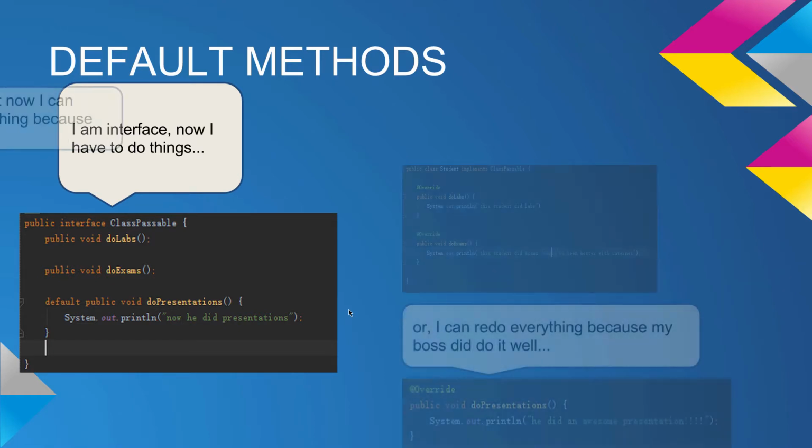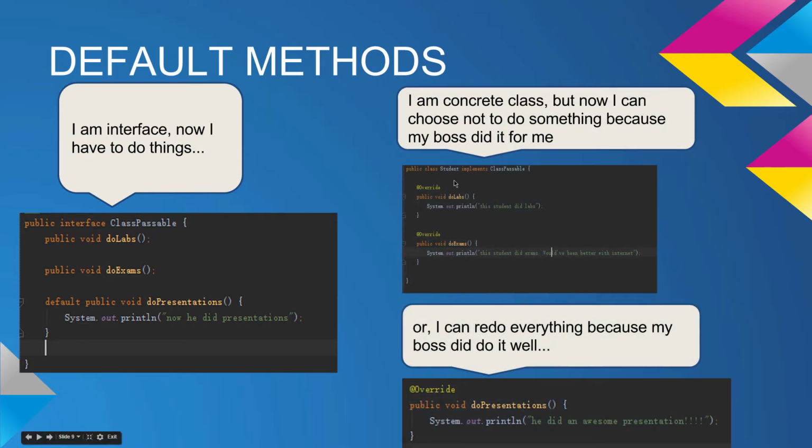And the concrete class which implements this interface doesn't have to implement the default method. They can just stay the way they were, and they can still do what the default methods can do.